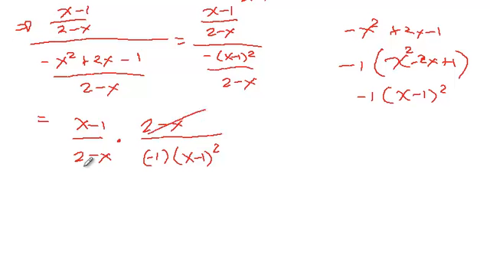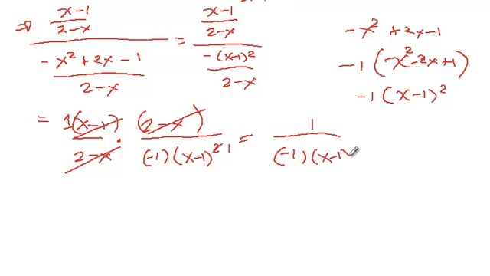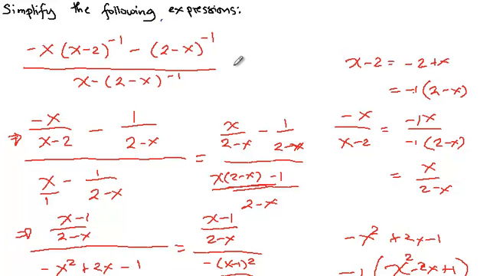And then we see that the 2 minus x cancels, and the 1 also cancels. What's left is 1, and one factor of x minus 1 cancels. So what will be left is 1 over negative 1 times x minus 1, or simply negative 1 over x minus 1. That is the answer. So that whole term will just be equal to negative 1 over x minus 1.